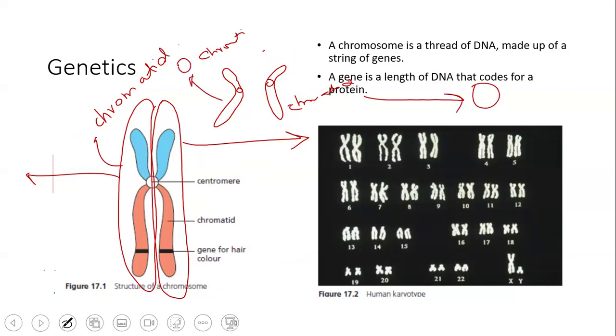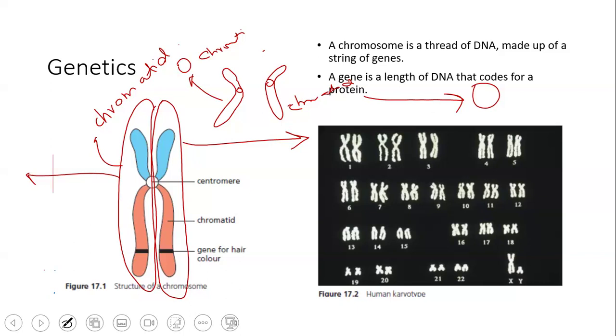So this way, both of the daughter cells will get one copy of the DNA. Both these are known as chromatids, and each will have one copy. Yes, this is mitosis. Yes, we're talking about mitosis.